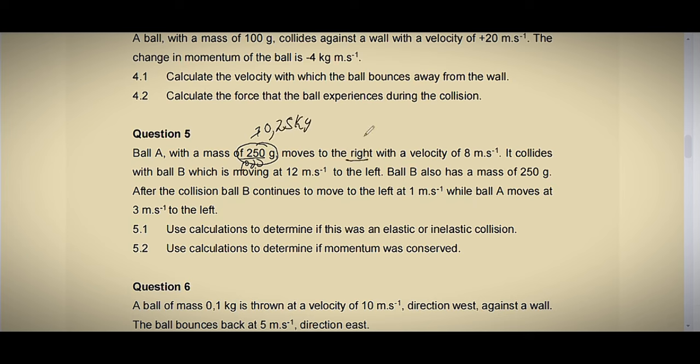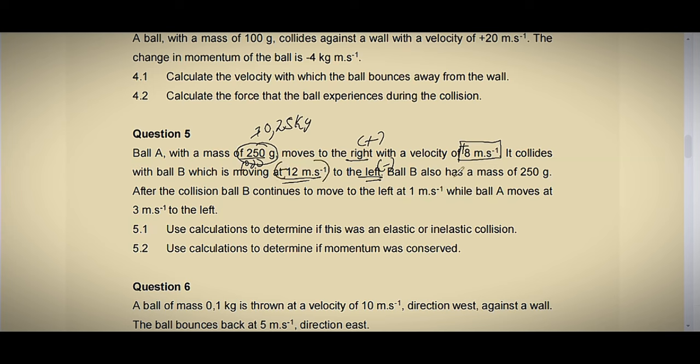Moves to the right, so right is positive, with a velocity of 8 meters per second. So this would be positive 8 meters per second. It collides with a ball which is moving at 12 meters per second to the left. Left, we assign it a negative. So that means this 12 here should be negative 12, right?